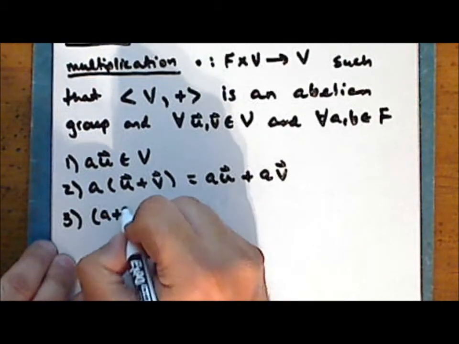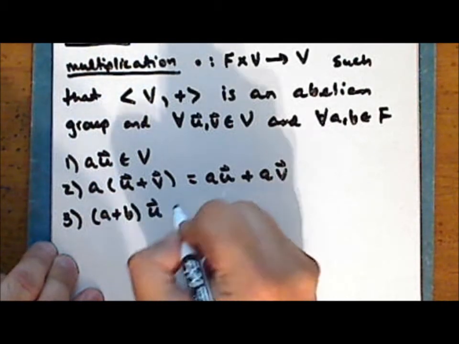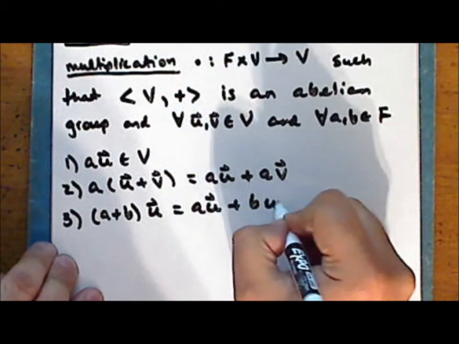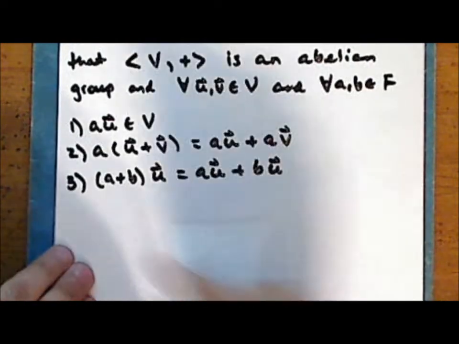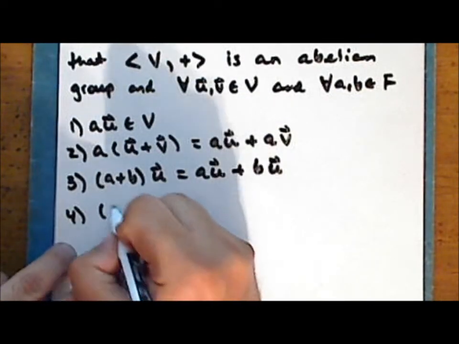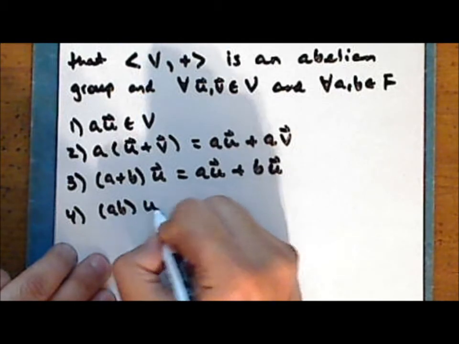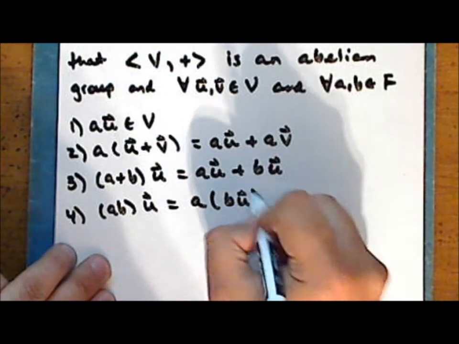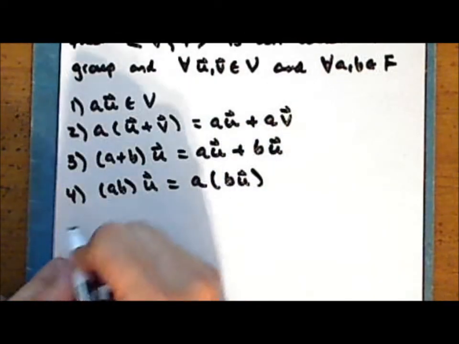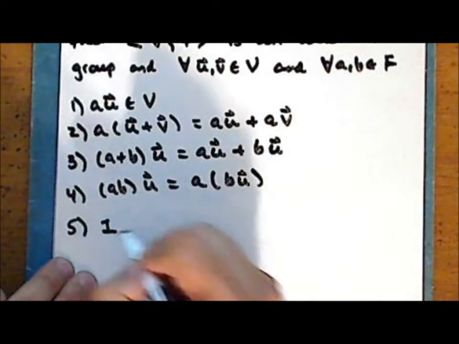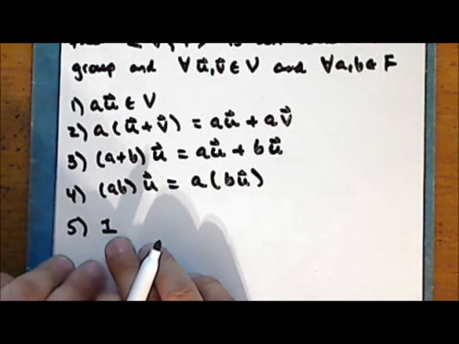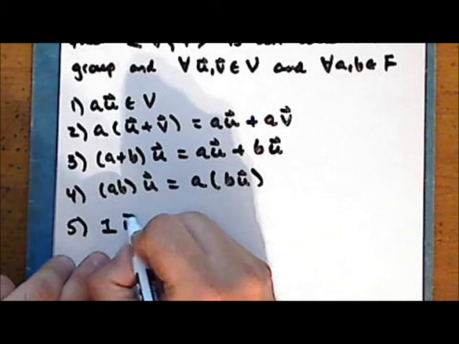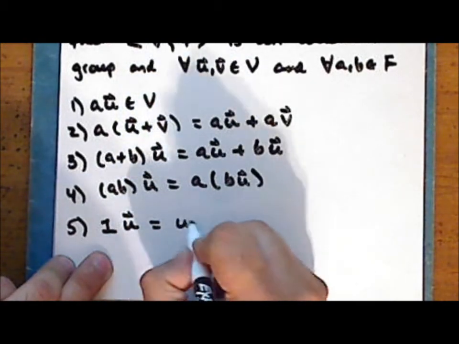A sum of scalars distributes over a vector. A product of scalars also distributes over a vector. And the multiplicative identity in the underlying field F as a scalar multiple of a vector leaves that vector unchanged.